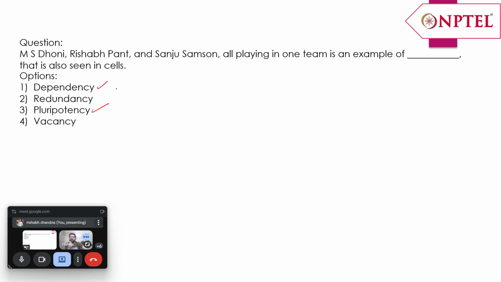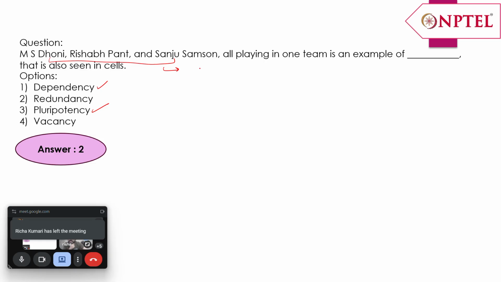So the correct answer is option 2, that is redundancy. What is actually common between these three is they are batsmen as well as wicket keeper, right? So if any one of them is removed or is not present in a team, the team can still play.